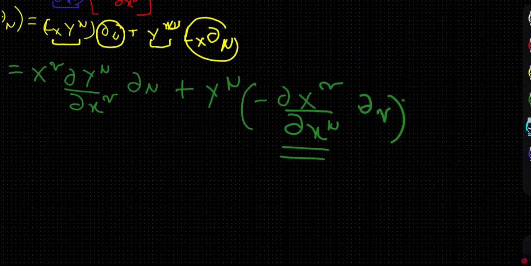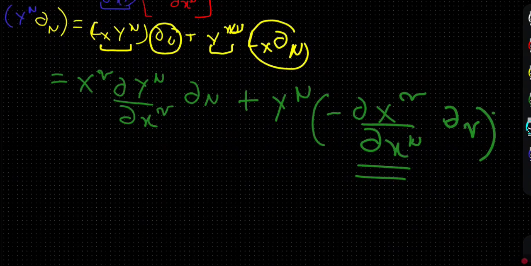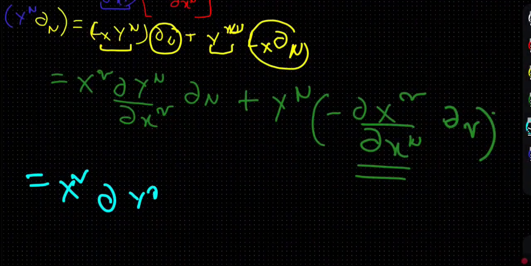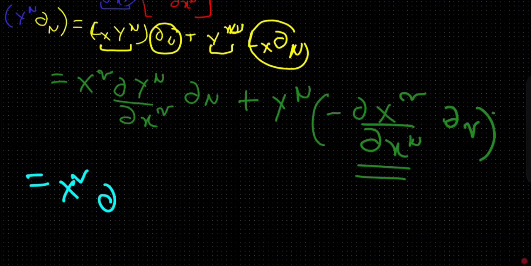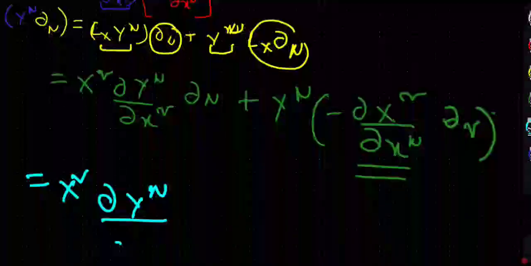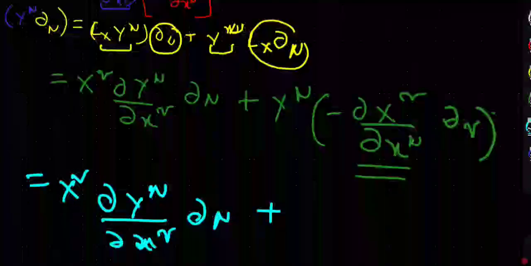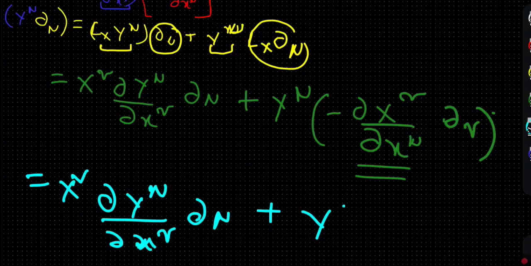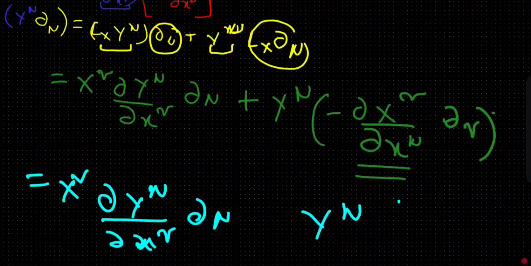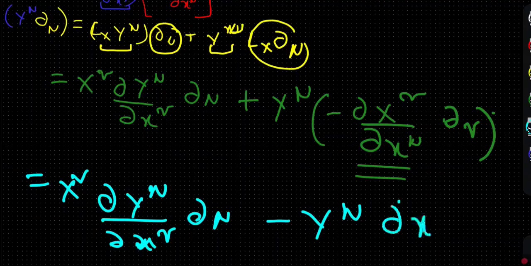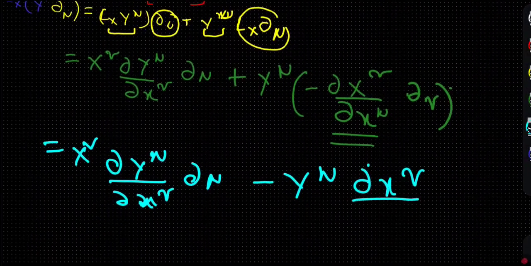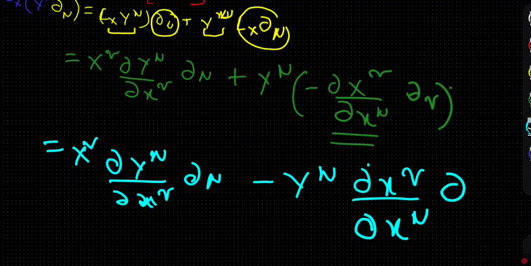Now let me write it in a clearer way. This is equal to X^ν, ν being more like a v, you have to understand, times ∂Y^μ/∂x^ν ∂_μ, plus Y^μ, here it should be a negative sign, I'm writing the negative sign here, times ∂X^ν/∂x^μ ∂_ν.